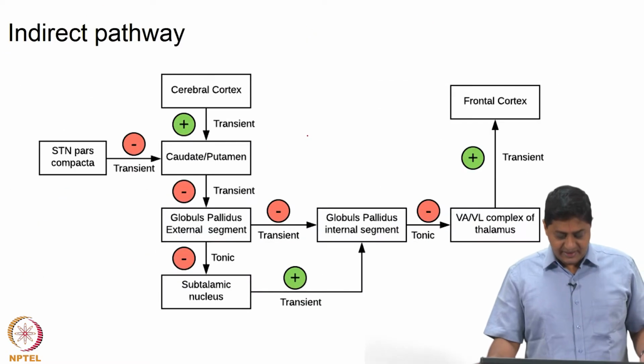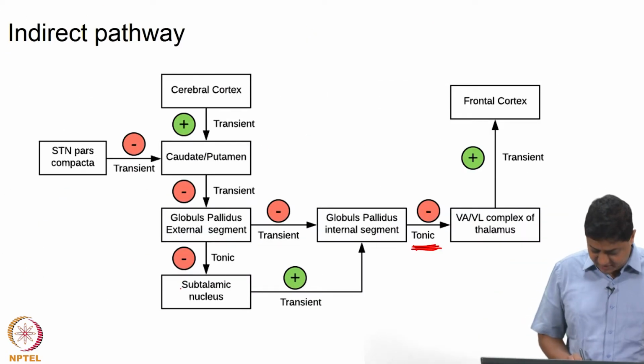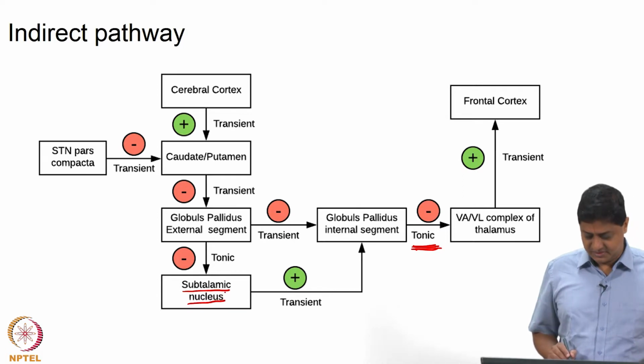Then what about the indirect pathway? Another structure, the subthalamic nucleus, is involved in this.